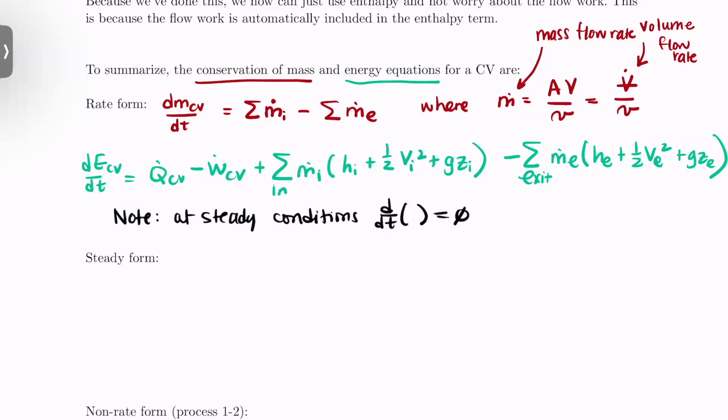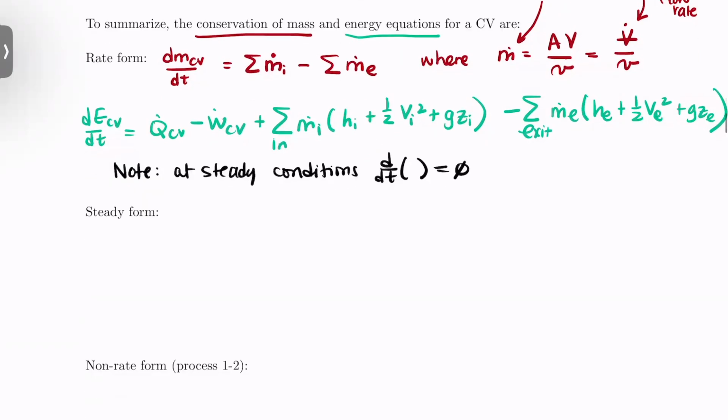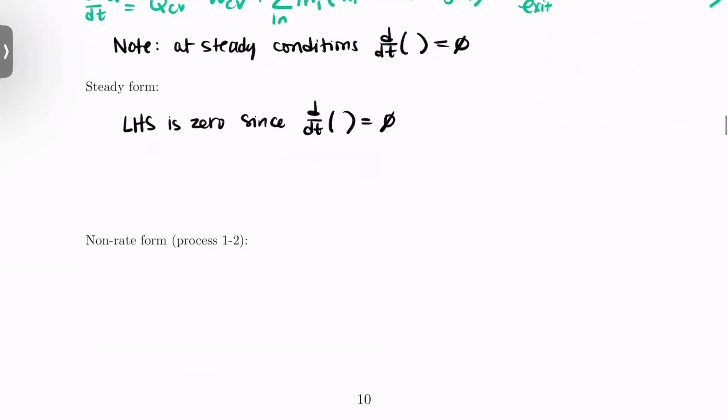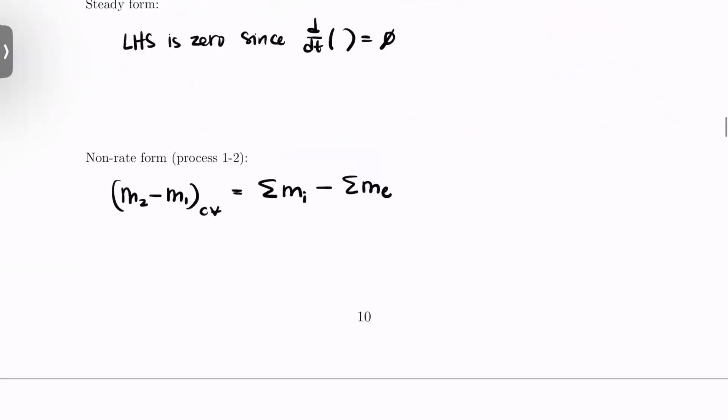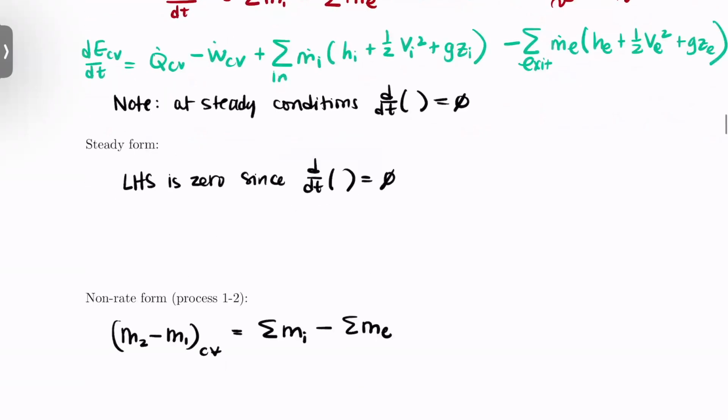For the steady form, I'm not going to rewrite it, but the left-hand sides are just 0. And then the non-rate form of this, so a process that goes from 1 to 2, would look like the following. We would have M2 minus M1 for the CV is equal to the sum MI minus ME. And then I should have done that in red.